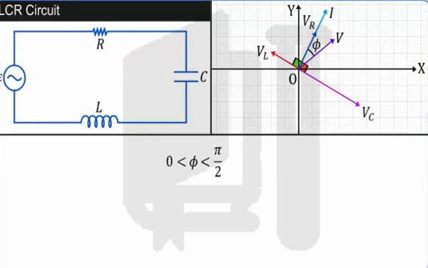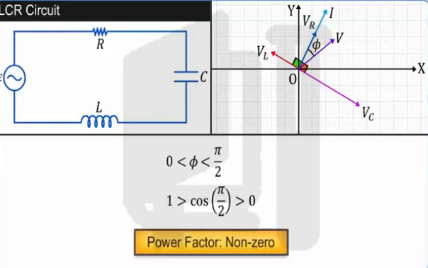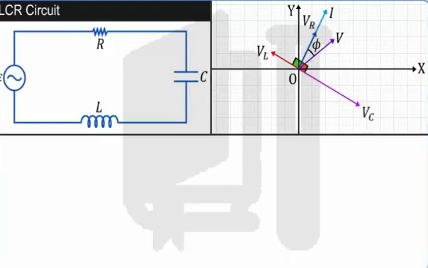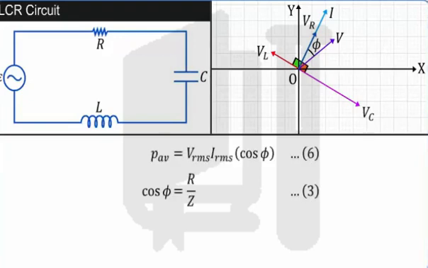Hence, the power dissipation in these types of circuits is non-zero. The average power dissipated in an LCR series AC circuit is expressed by equation 6, where the power factor cos phi is equal to R by Z as in equation 3. In this case, the power dissipation is only through the resistor.